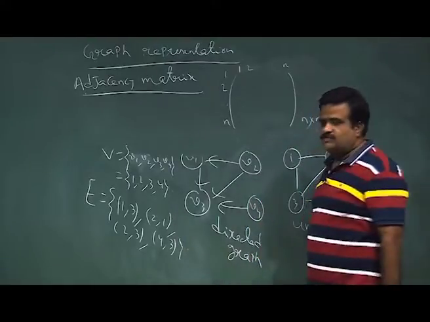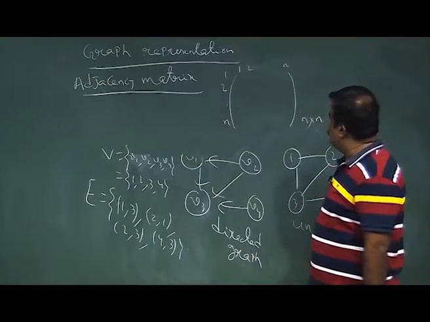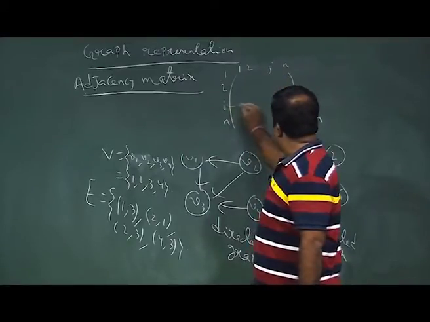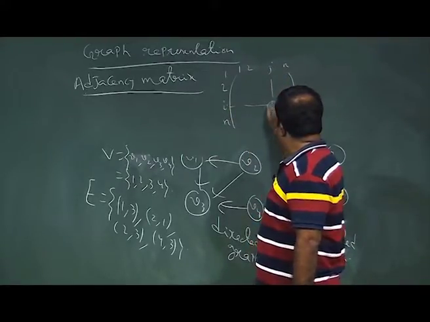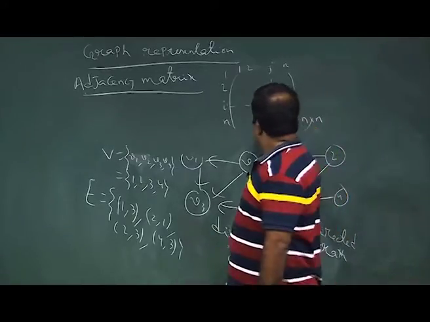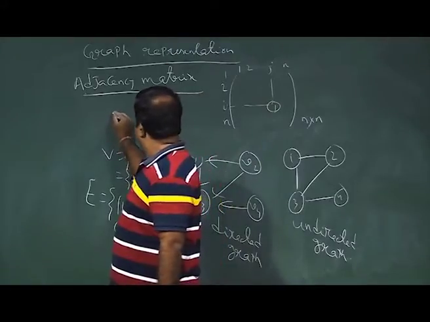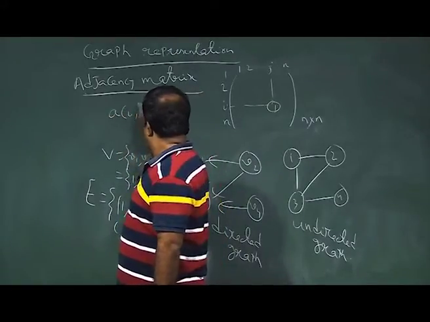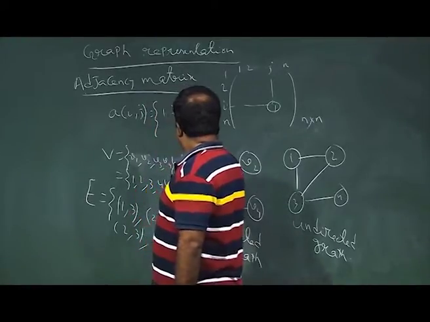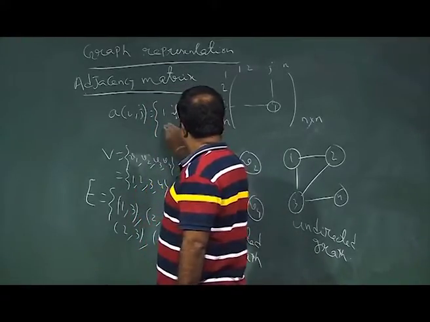This matrix will be a 0-1 matrix. If this is the ith vertex and this is the jth vertex, then the ijth element a_ij is 1 if ij is an edge, and 0 otherwise.